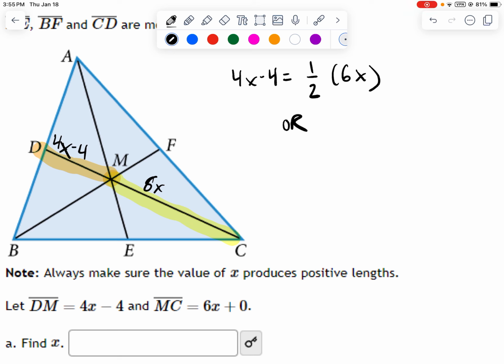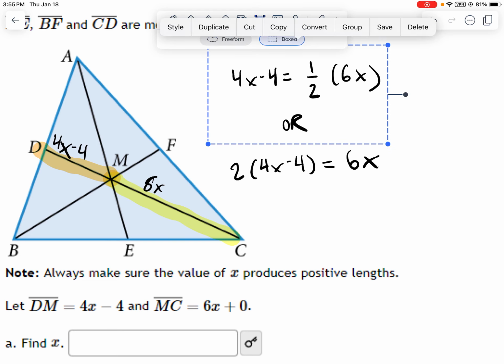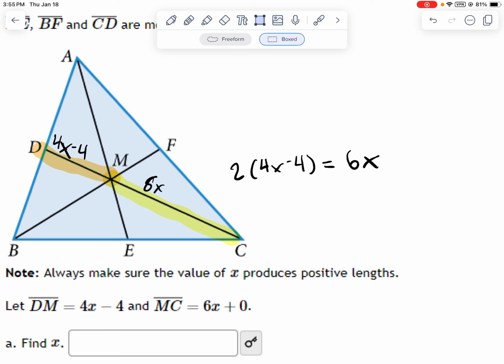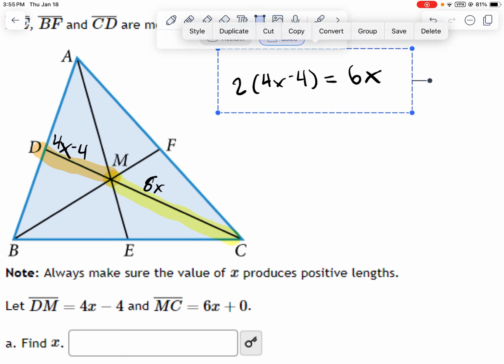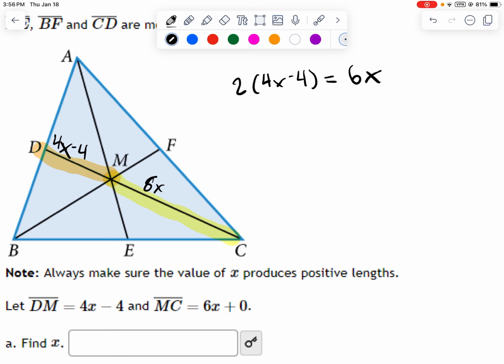Or you could say that you could double the smaller segment to equal the larger one. Either of these will work. Personally, I like using multiplication more than division, so I'm going to go with multiplication. You'll get the same answer either way.